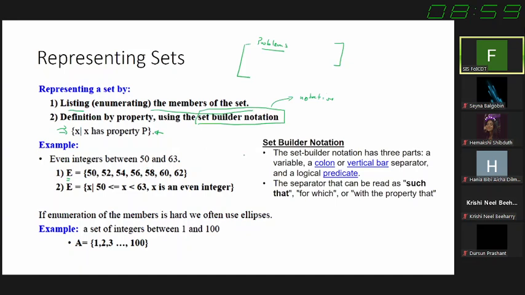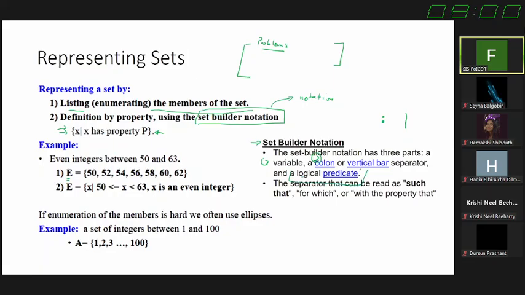One note before we go to the example: what is a set builder notation? The notation has 3 parts: a variable, number 1; a colon, number 2, or a vertical bar. So you may have this or this. It's a straight vertical line, as separator; and a logical predicate.